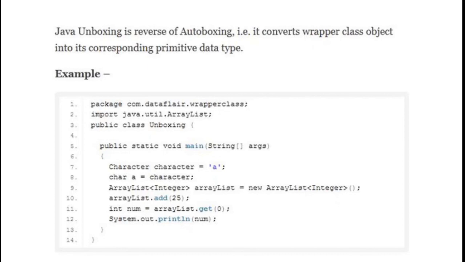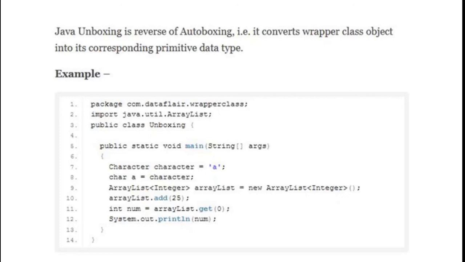And exactly in the same way, the generic ArrayList with Integer as its data type is being added 25 as we saw in the earlier example. And then what we are doing is we are calling list.get(0), which will return 25, and this 25 will be a reference data type value, and it will be assigned to a primitive data type. So here unboxing is again coming into existence.